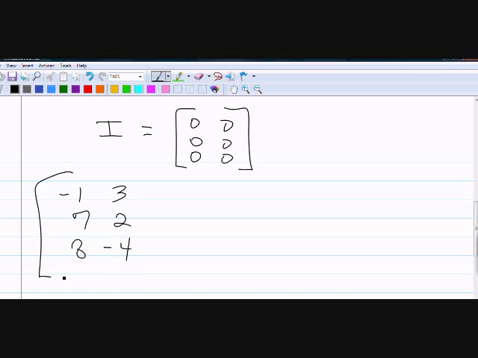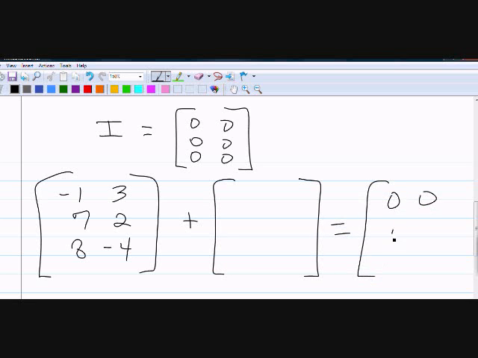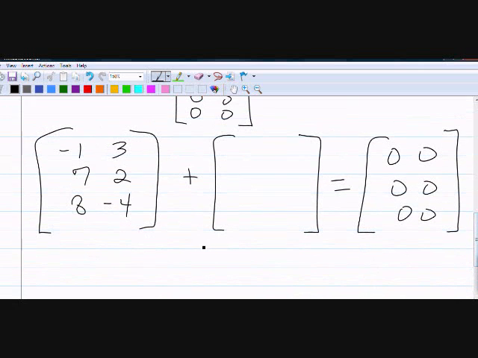So the additive inverse matrix, that's what it's called, not just the inverse matrix, additive inverse matrix. So if I add another matrix to some matrix and get the identity matrix, this one will be the additive inverse matrix.